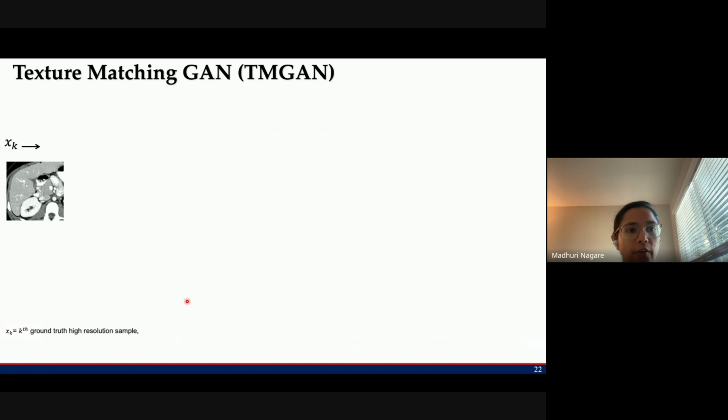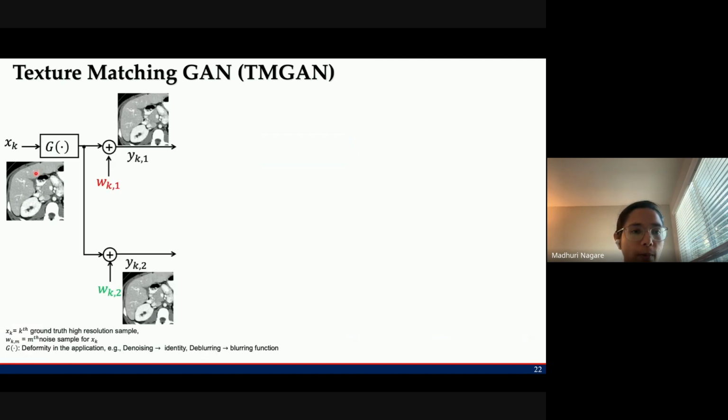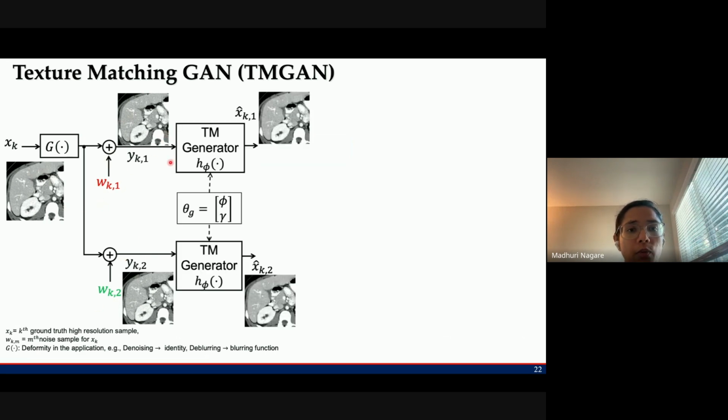So again, we have the same ground truth image x_k. We apply the deformation, and then the important part is adding two independent samples of noise to the images, and then we pass them through our generator. These two boxes share the same set of parameters, so this is a Siamese network.